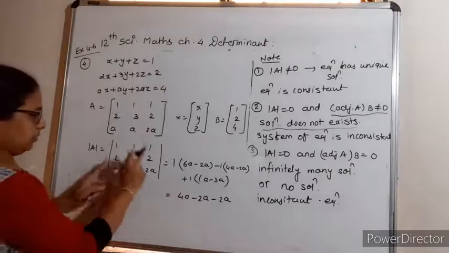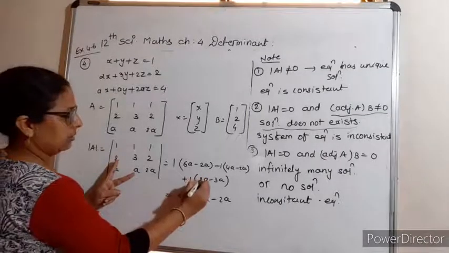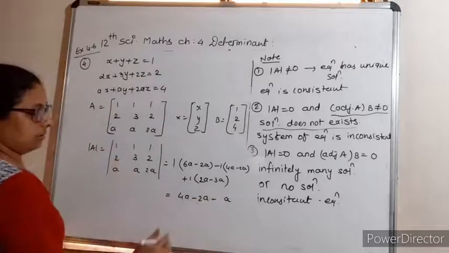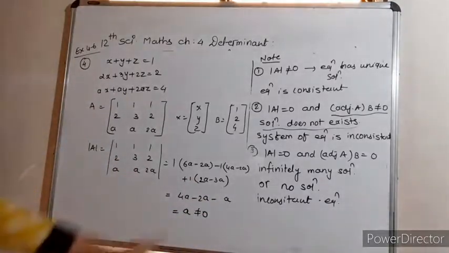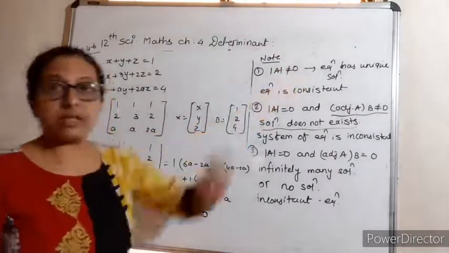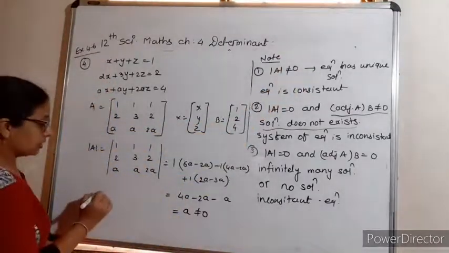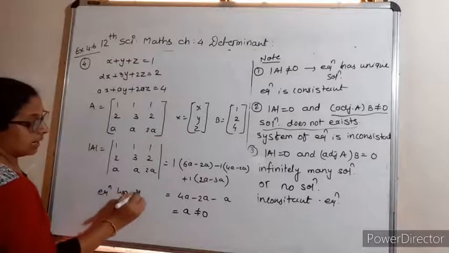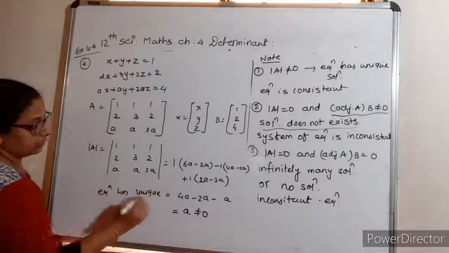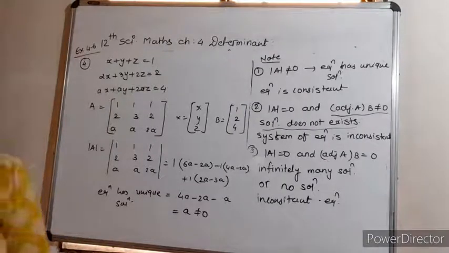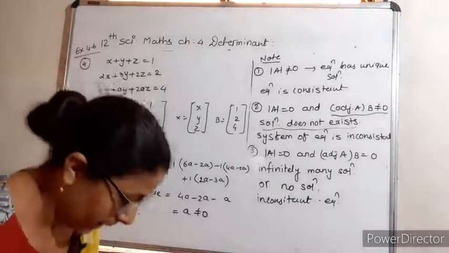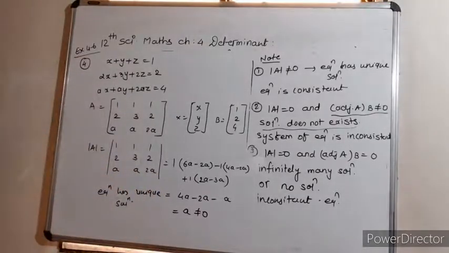It is 2a minus 3a, like this. That is a, and a is not equal to 0. If it is not equal to 0, what does that mean? The system of equations has a unique solution and it is consistent. That is question number 4.